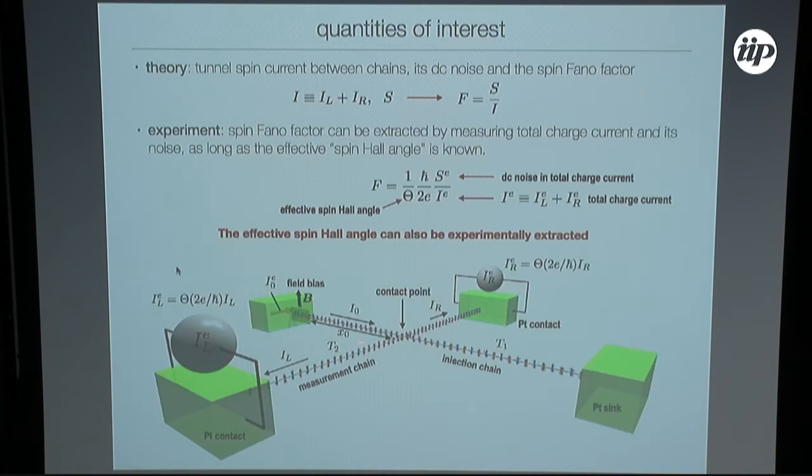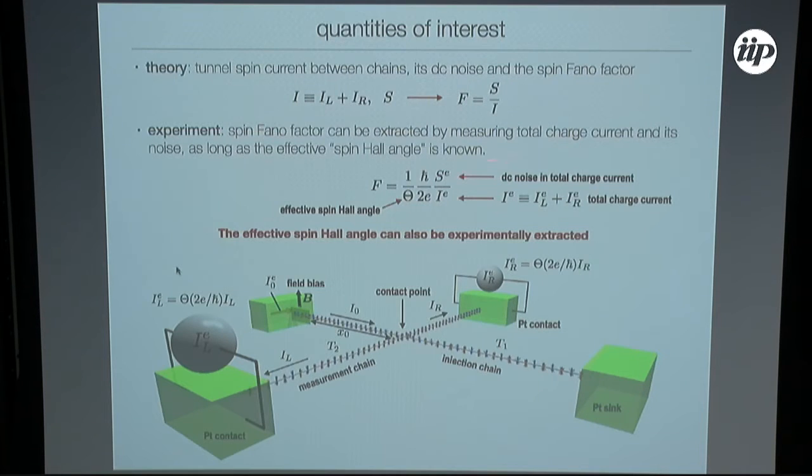The spin current impinges on this platinum contact, which through the inverse spin Hall effect will generate a current. They can measure that current and the noise. If one adds the currents generated here together, you get the total charge current. The experimenters should have a handle on this total charge current and also the noise in it.